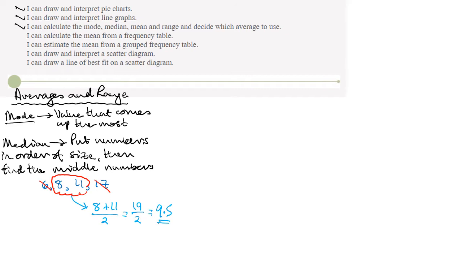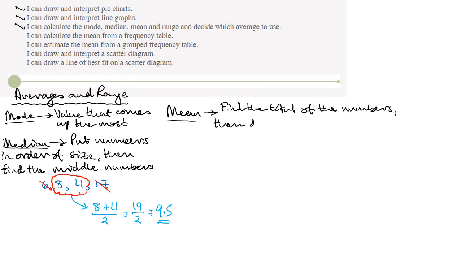So we've got mode, median. The mean is when you find the total of the numbers, and then we divide by the number of numbers.